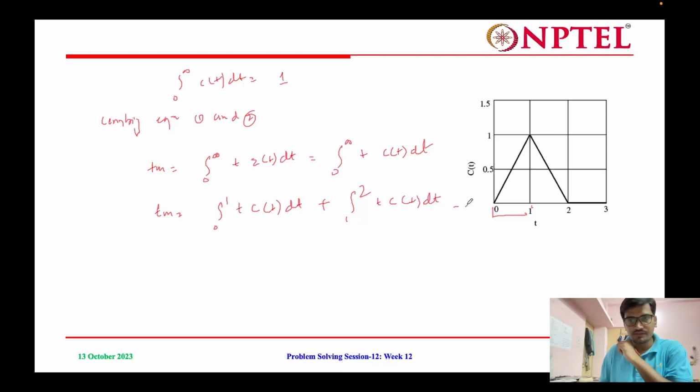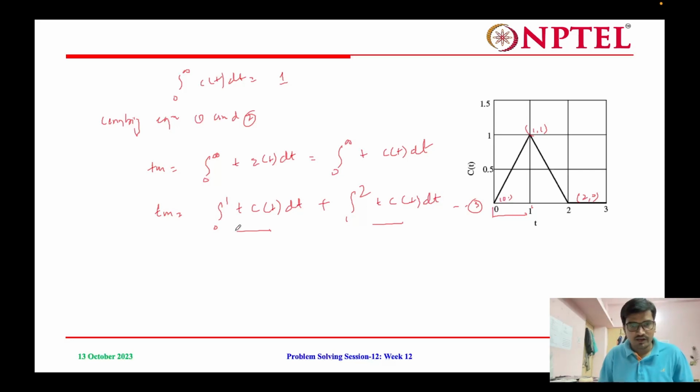This is equation 3. Now to calculate this, here is the triangle with points (0, 0), (1, 1) and (2, 0).